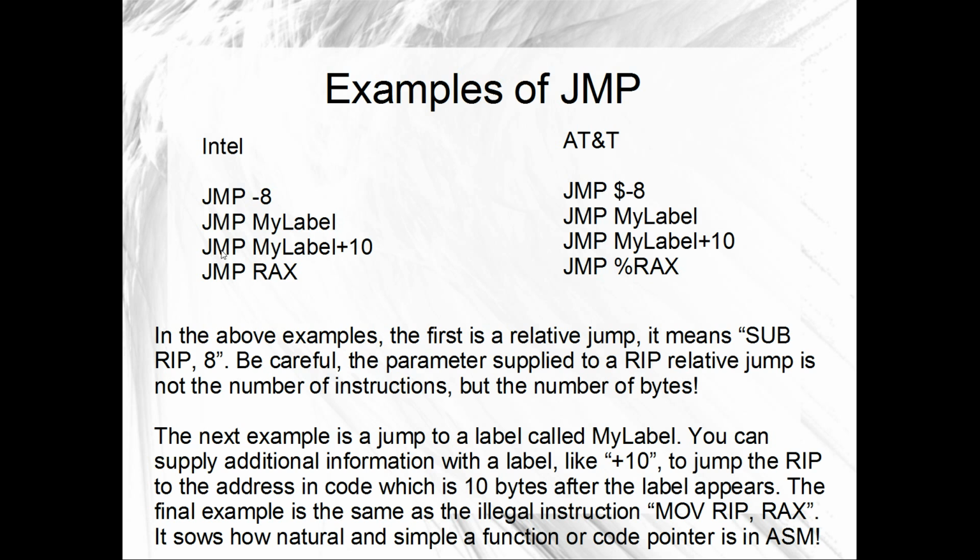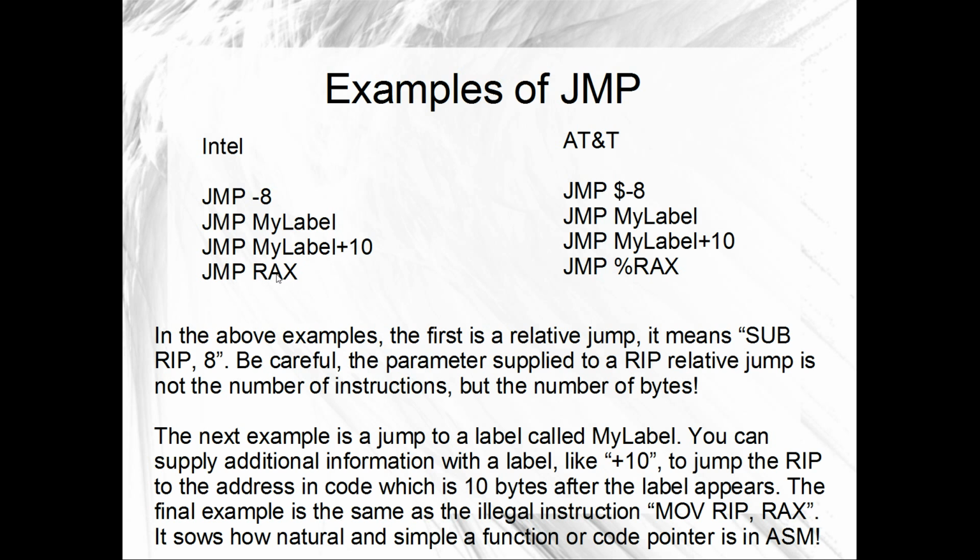You can add bytes to that, so if you want to jump to whatever instruction is 10 bytes ahead of my label, that's machine code bytes as well, so it's not easy to calculate this stuff. But you can calculate the exact size of all the instructions if you get the program as references. Anyway, you can add little expressions to your label jump if you like. Not usually recommended, but you can if you want.